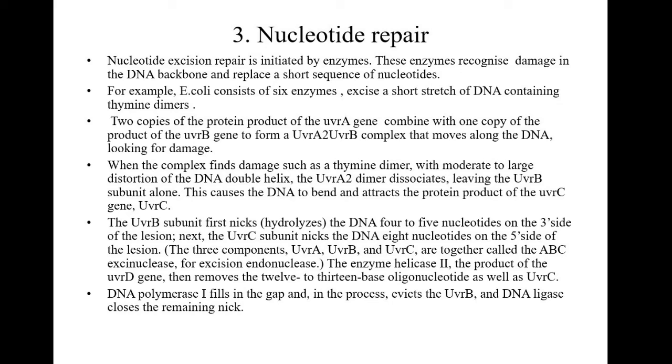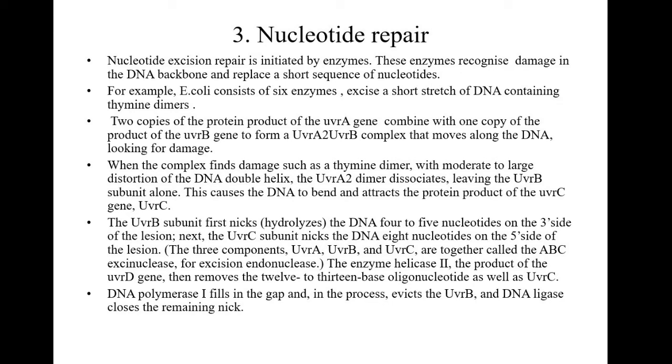When the complex finds the damage, such as the thymine dimer, a moderate to large distortion of the DNA double helix, the UVRA dimer dissociates and it leaves the UVRB subunit.